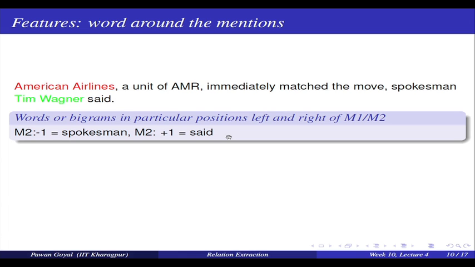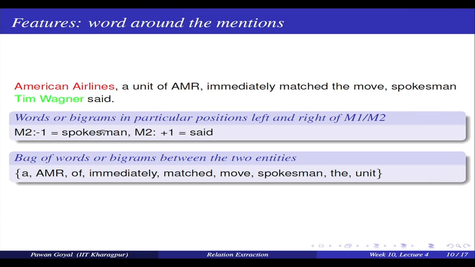Said. So what you are abstracting here is that I have an entity before which I have the word spokesman, and the next word is said. In a new context, whenever I see the word spokesman before and the word said afterwards, it might indicate that there might be this relation. Spokesman X said. It might be a good indicator of this relation.